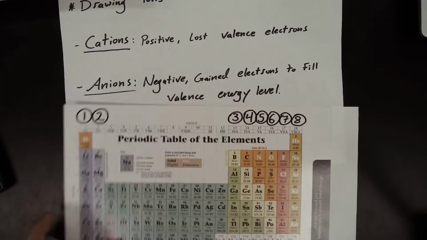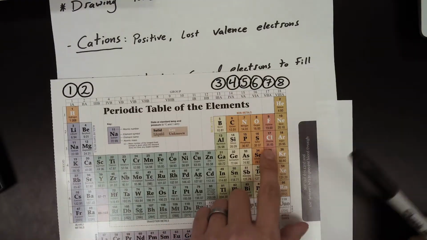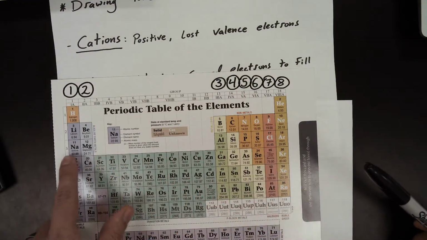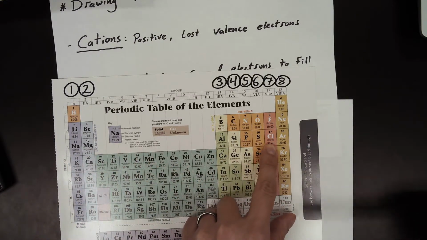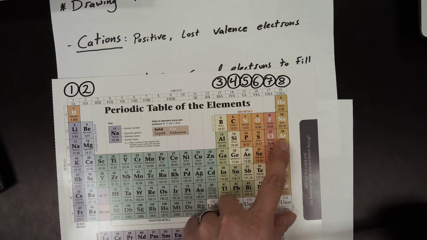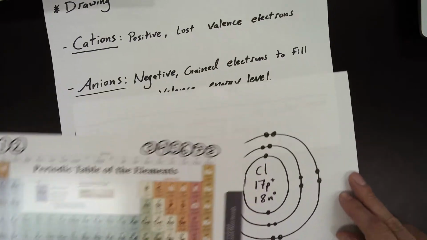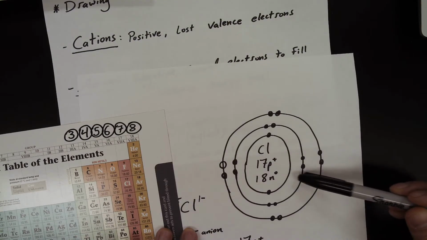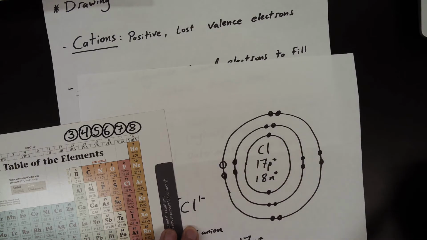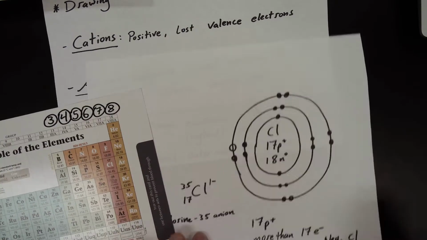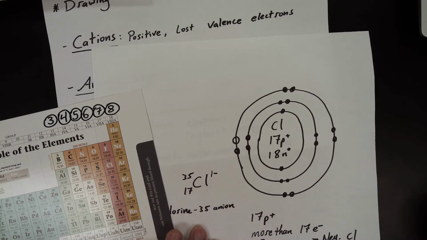Chlorine's valence energy level is the third energy level, corresponding with the third period. There's only one more space in the valence energy level in that third period. The valence energy level is this third energy level, and we've added just one more electron to it to create this negative chlorine ion.